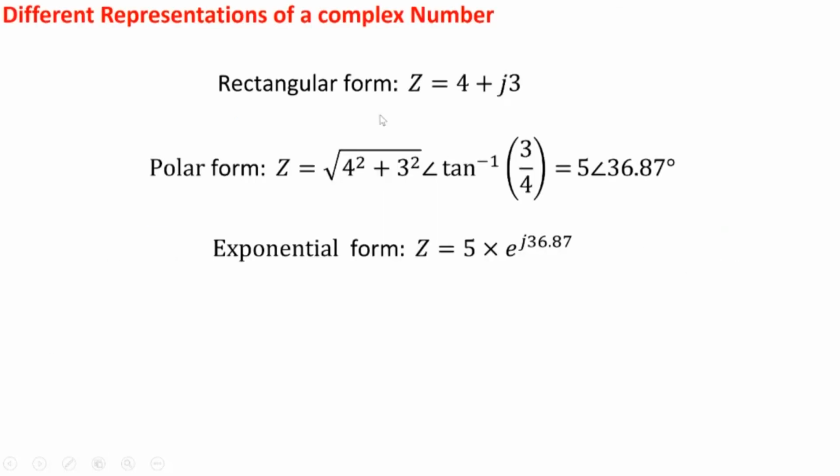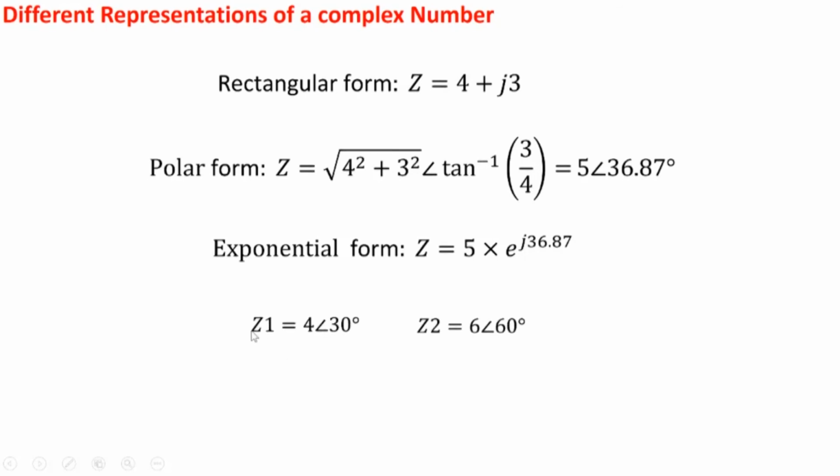So just a brief digression, complex numbers you're familiar with. This is what we call a rectangular form. Let's say 4 plus j3. You can write it in polar form here in terms of magnitude and angle, 5 angle 36.87, which is nothing but this here, 5 e to the power j 36.87.